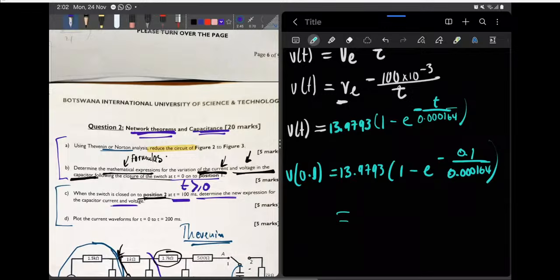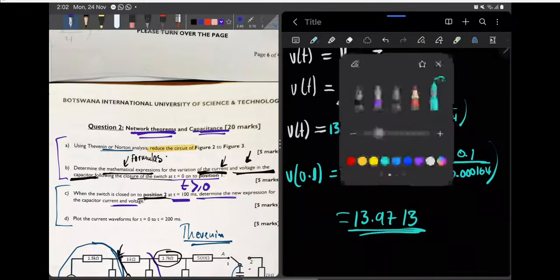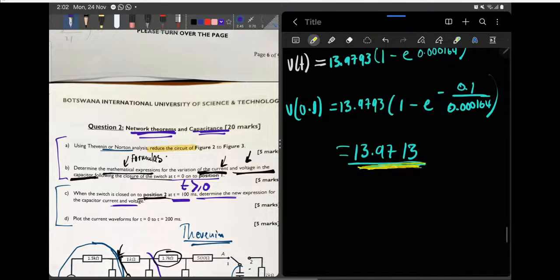I'll actually get the same answer, 13.9793. So that means this had reached full charging. We first check back in the full charging: the point where you switch, if it is full, is going to be the maximum voltage.